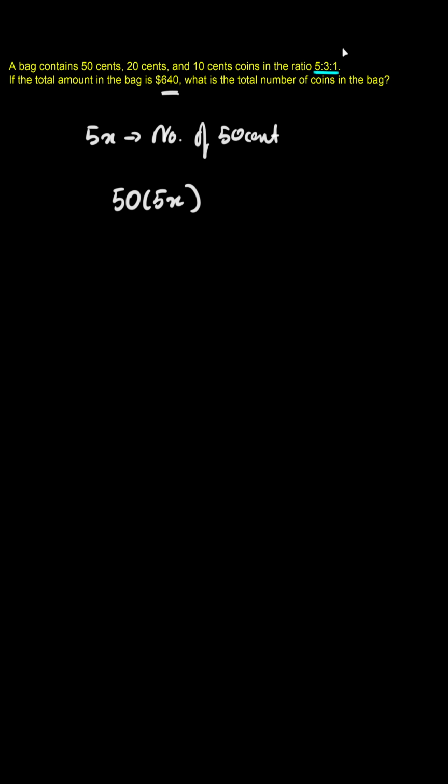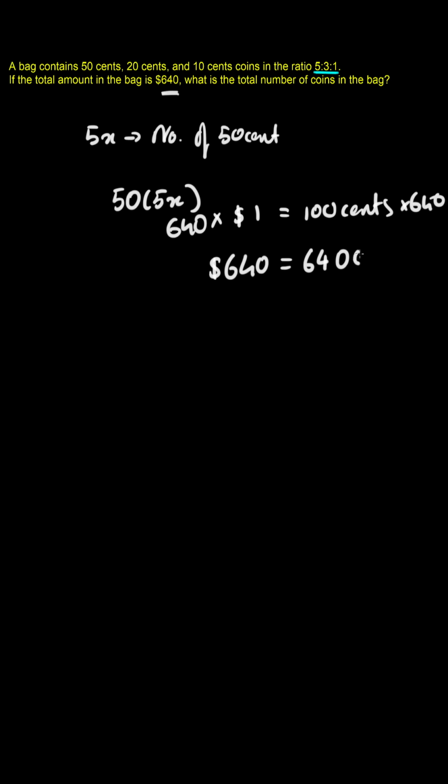And mind you, cents are not equal to dollars. A dollar is 100 cents. So if $1 is 100 cents, then multiply that with 640, and $640 is equal to 64000 cents.